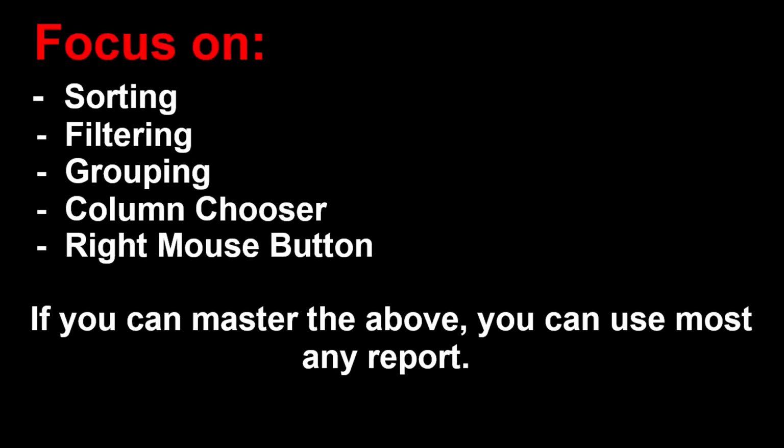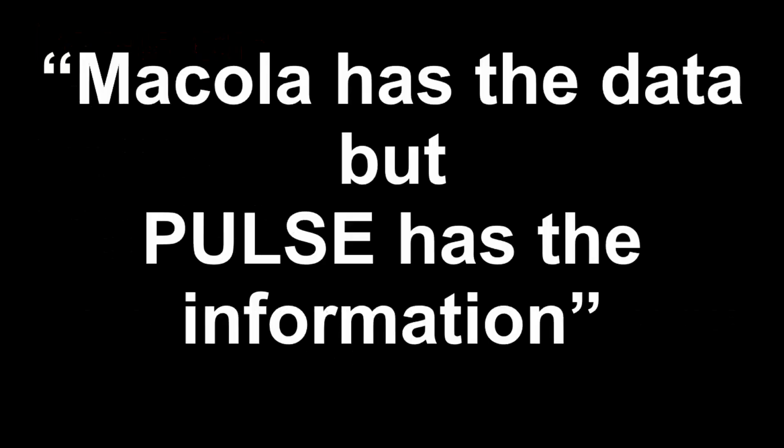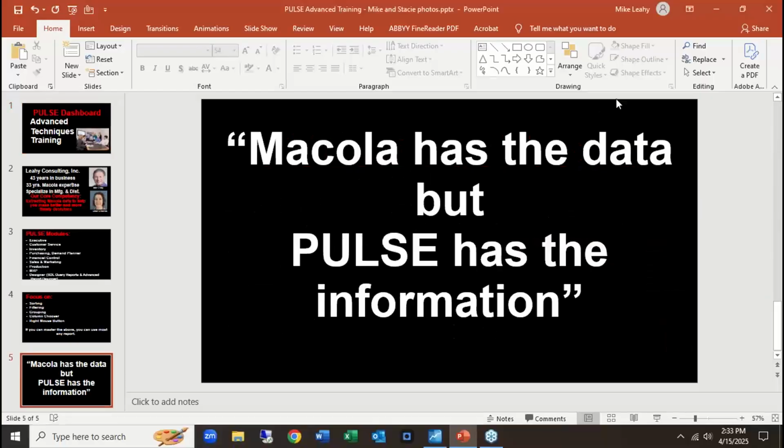And his thought here, which is true, is if you can master the above, then you can use most any report in the software. This is the mantra of our software also, that Macola has the data, but Pulse has the information. In other words, we're taking the raw data and converting it to information to help you make better and faster decisions.